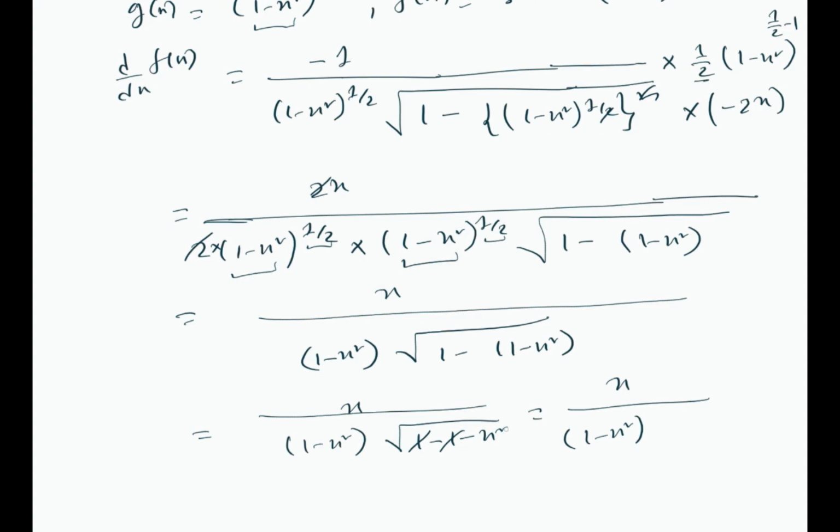So the square root of x squared is actually only x, right? So this x gets cancelled, and the final answer would be 1 over 1 minus x squared. So this is our final answer for this question.